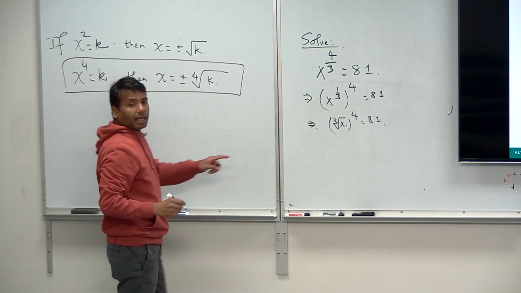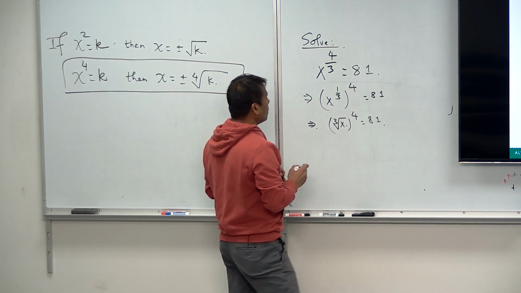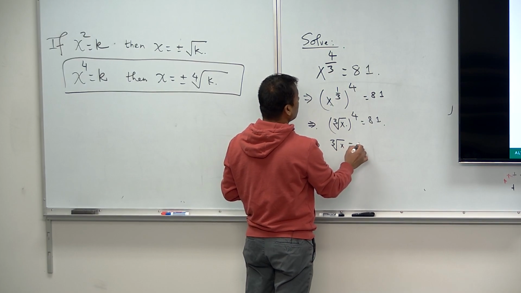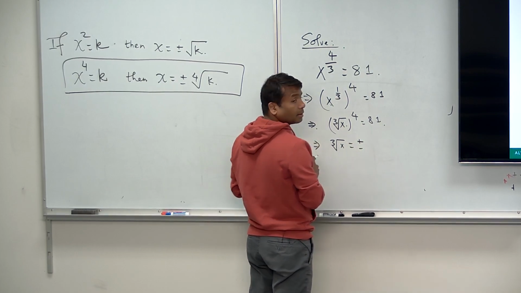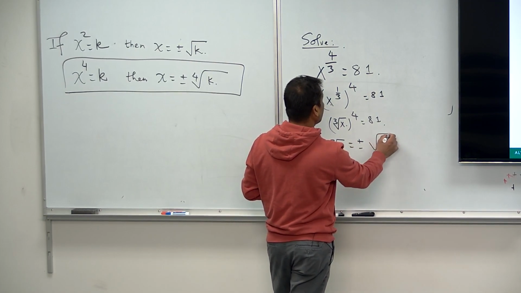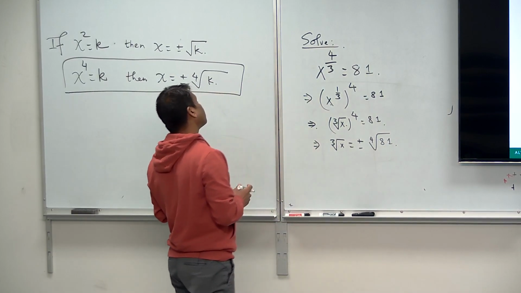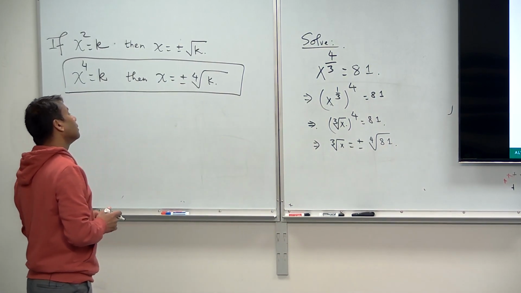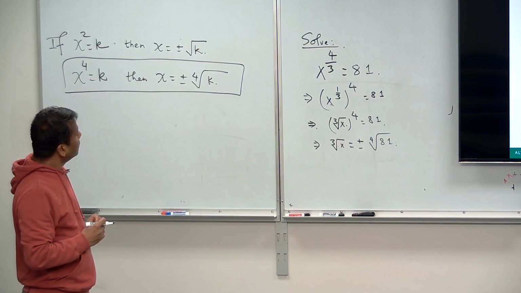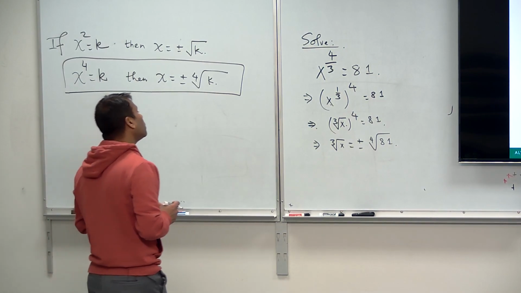So now it looks similar to this one. This is the same as the cube root of x equals plus or minus the 4th root of 81.